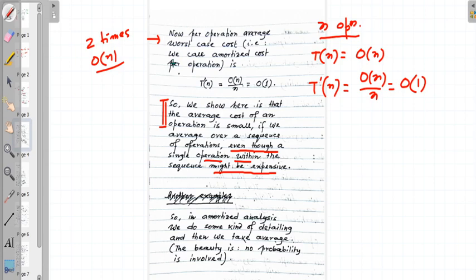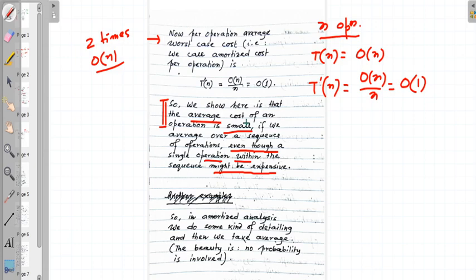So even if some of the operations are expensive, as a thought experiment we can think of all these operations being distributed throughout, making each operation's average cost small. That is the main idea of amortized analysis.